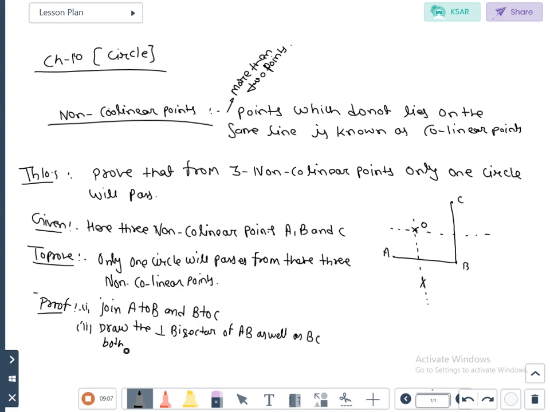Both perpendicular bisectors intersect at point O.